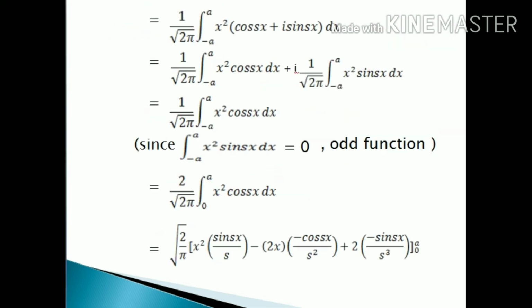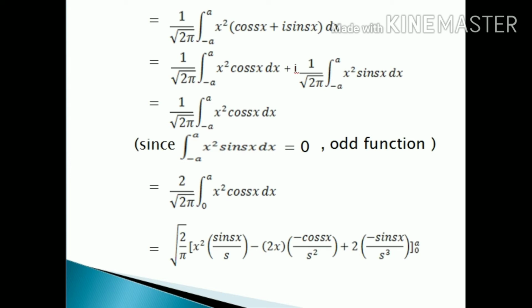Then that is equal to 1/√(2π) ∫ from −a to a of x squared (cos sx + i sin sx) dx, because e^(isx) can be written as cos sx + i sin sx.